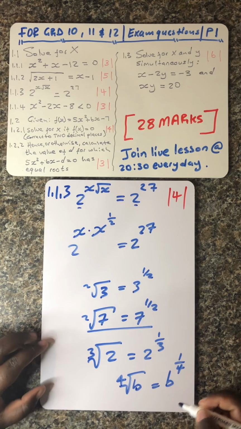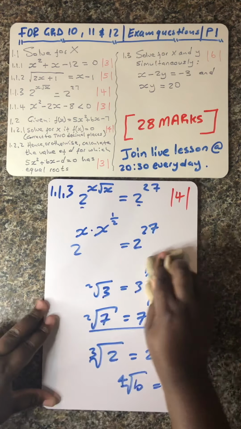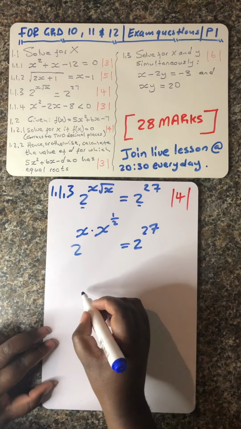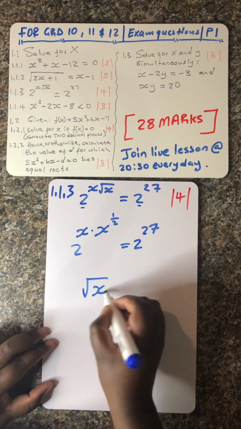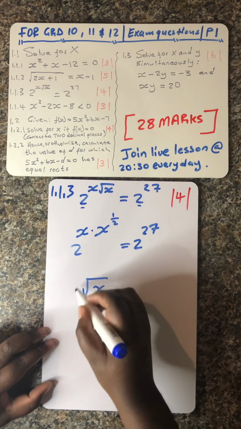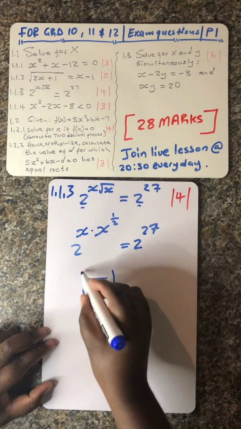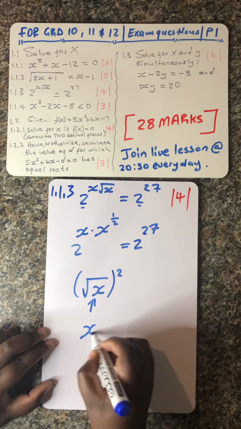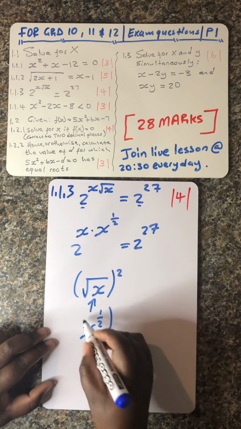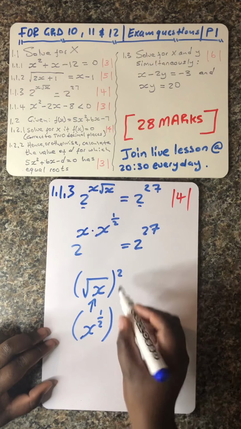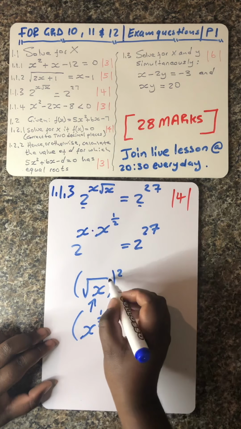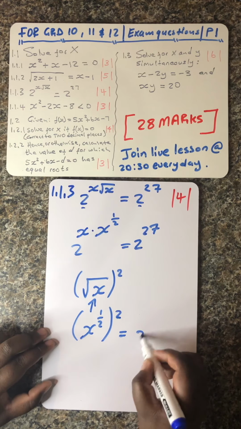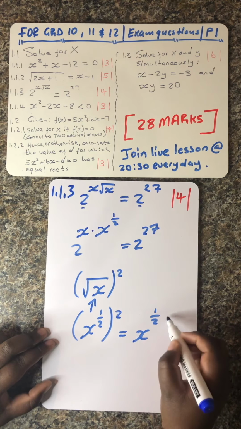Just to make it practical and for you to understand, the reason why, when you've got square root of x and you want to remove the square root, you introduce a square, is because, as I've explained, the square root of x is the same as x to the exponent 1 over 2.